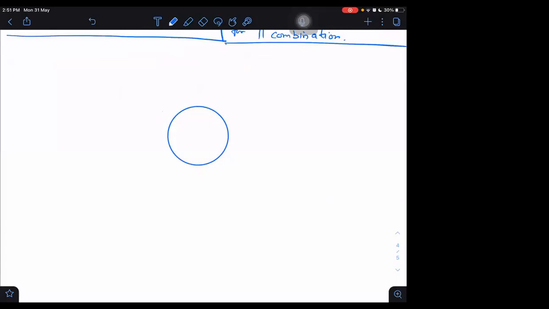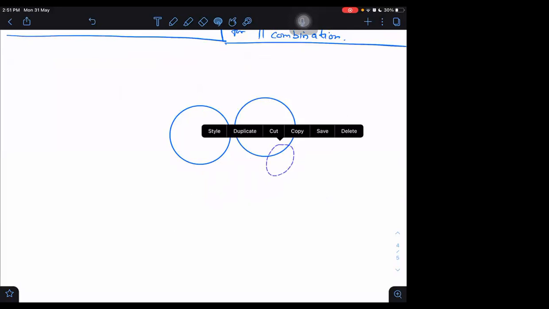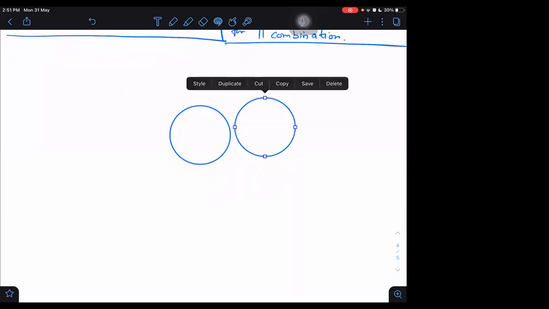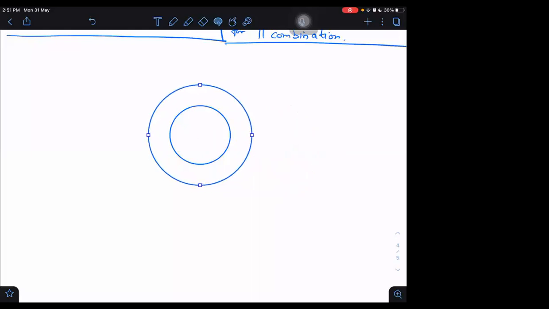For the spherical case, the inner radius is A, the middle one is B, and the outer one is C. There's a dielectric of dielectric constant K1 here, and there's a dielectric of dielectric constant K2 here.